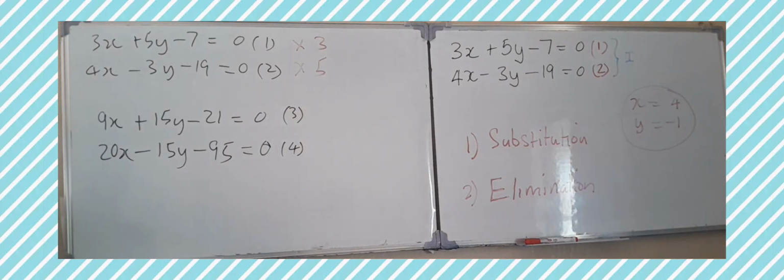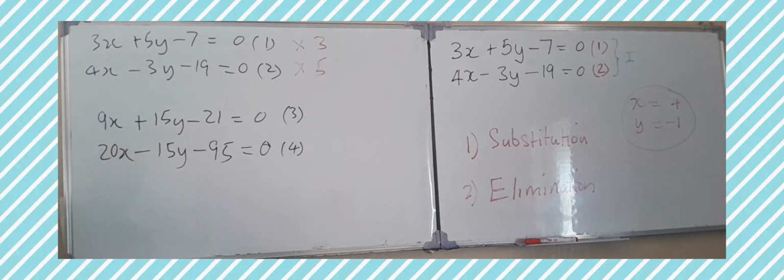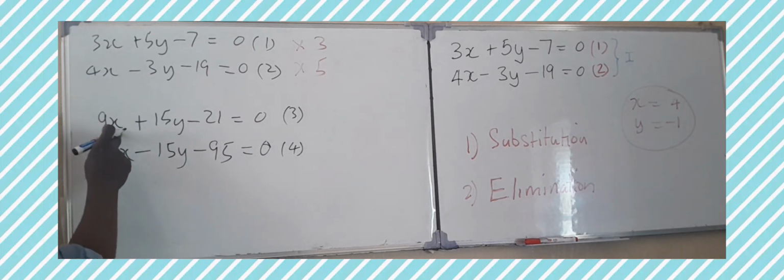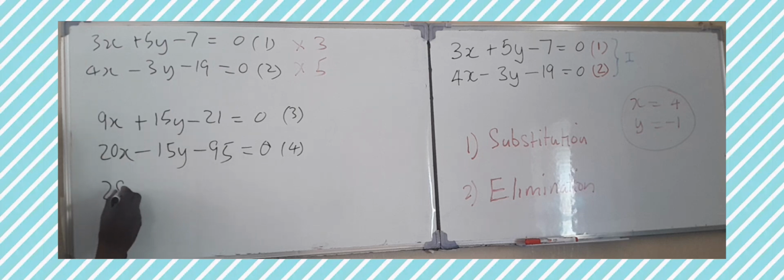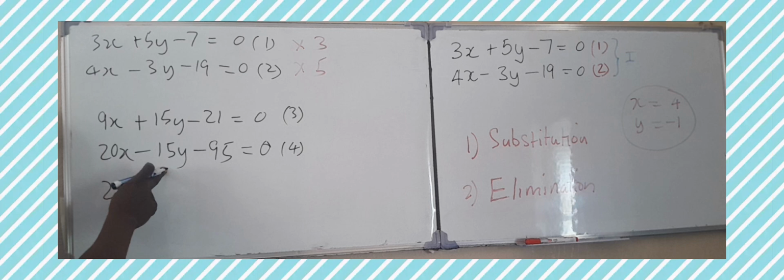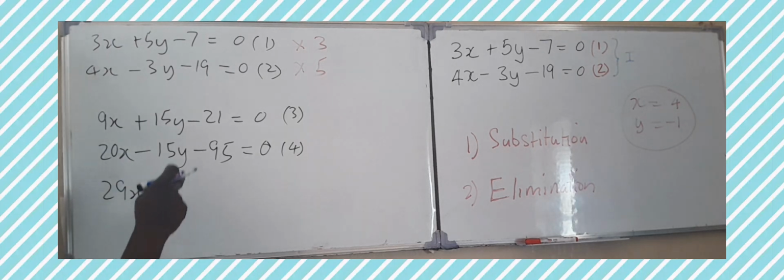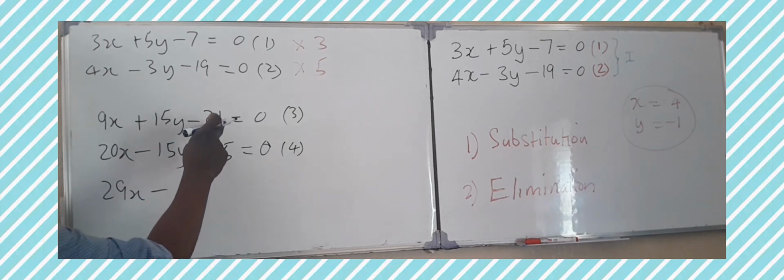Now look, if we add equation 3 to equation 4, what happens? I will get 9x plus 20, it's 29x. 15 plus minus 15 is 0. Minus 21 plus minus 95 gives me, what does it give?